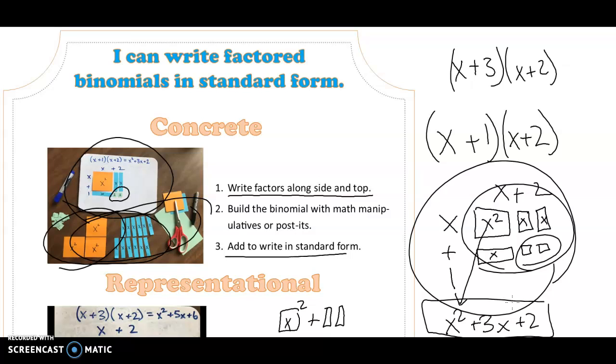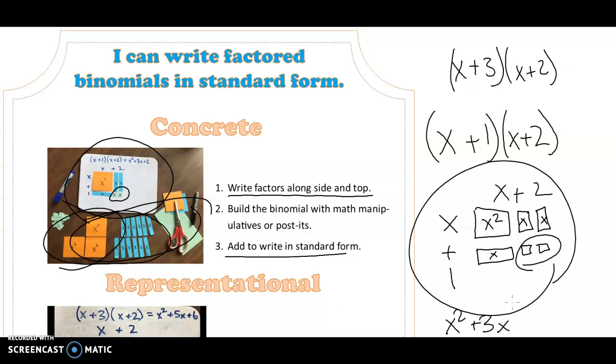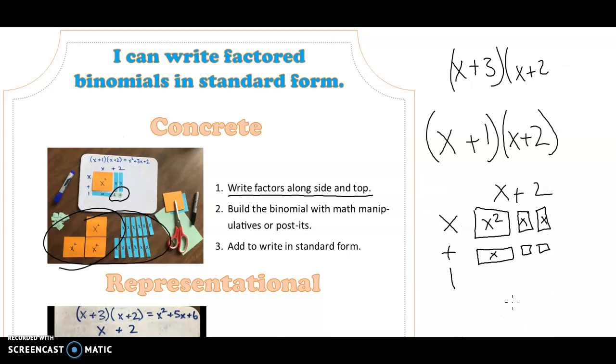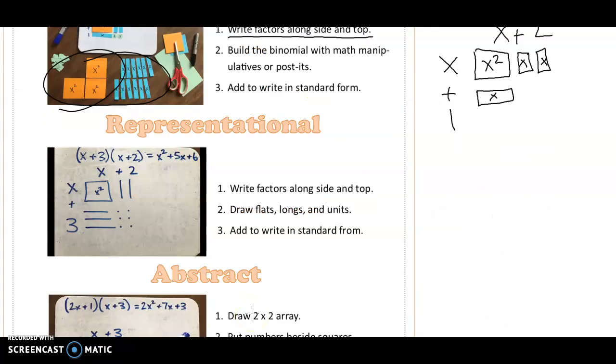All right, let me get rid of all my extra writing, and let's go down to representational. Basically, we're going to follow all the same steps for representational, except this time we are going to just draw it like I did.